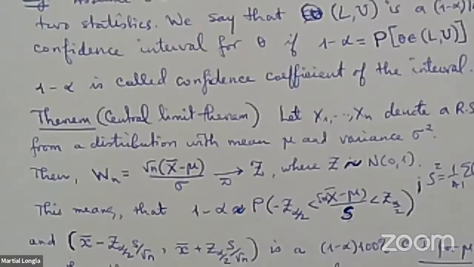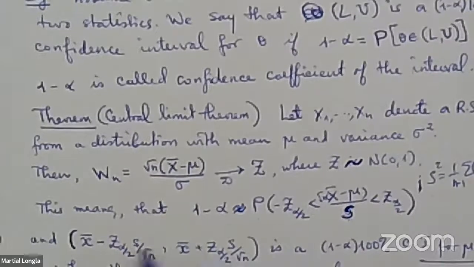This is just one confidence interval; there can be many of them. We just choose this one to be symmetric around x bar. And the probability for the true value to be inside this interval is almost 1 minus alpha, because the distribution is almost normal. So it's an approximation.